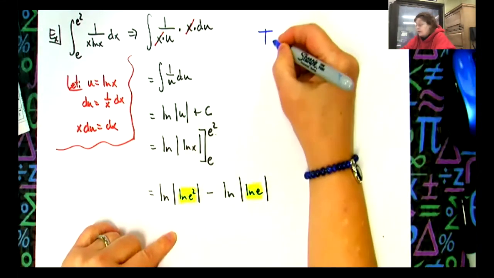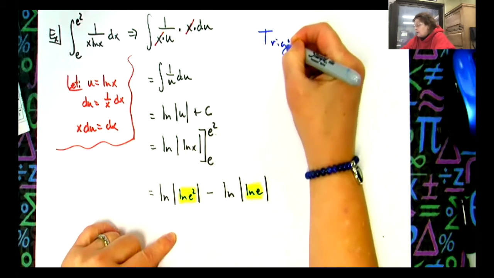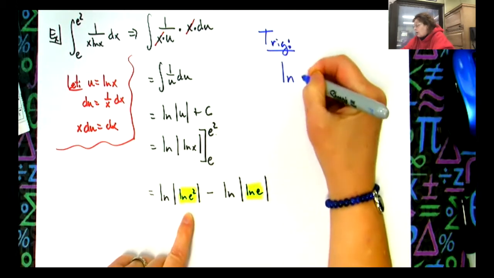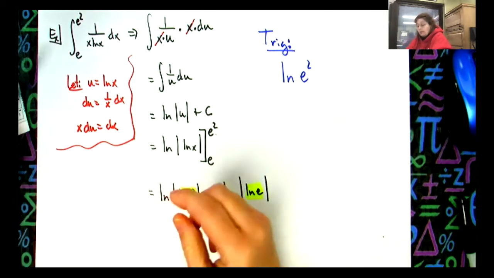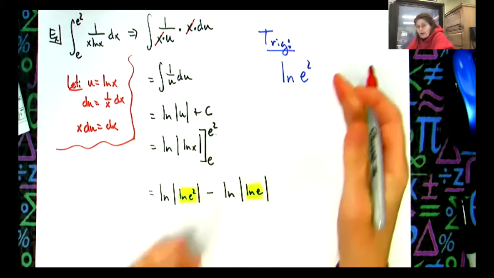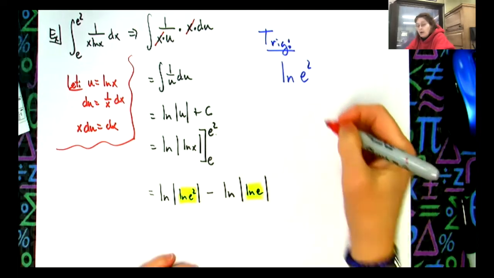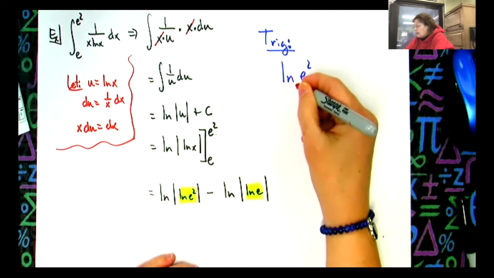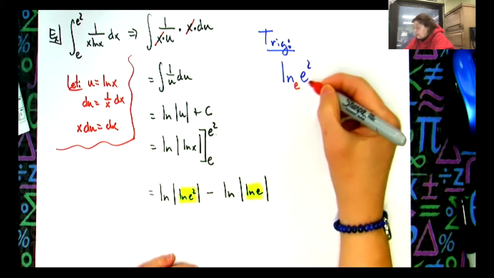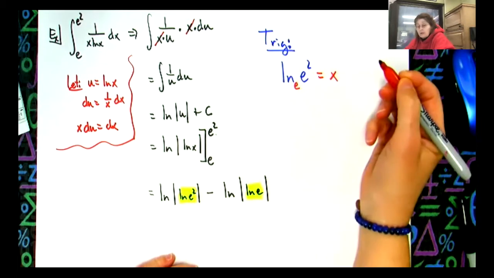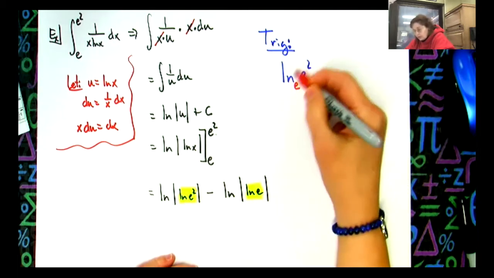So this is the trig stuff that maybe you didn't get good last spring. Natural log, e raised to the second power. Without a calculator, you've got to think: natural log has a base of e, right? So in other words, what does this expression equal?